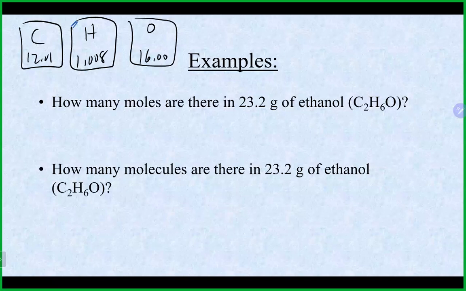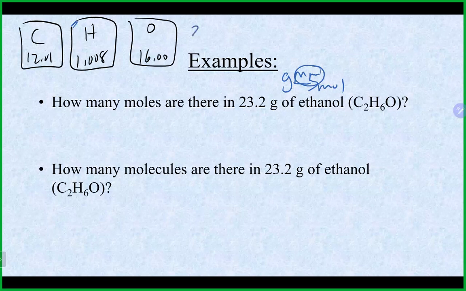So the first one here is how many moles are there in 23.2 grams. Again, this is a grams to moles conversion, which means we do not need Avogadro's number for this first part. It is just the molar mass from the periodic table. We do need to add up the molar mass of our ethanol.